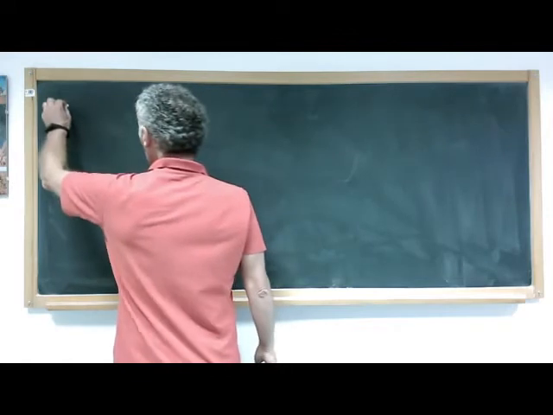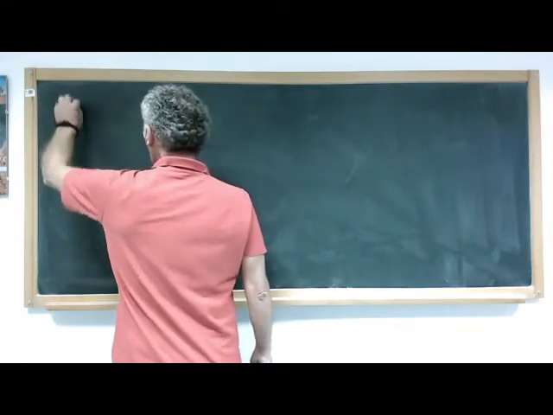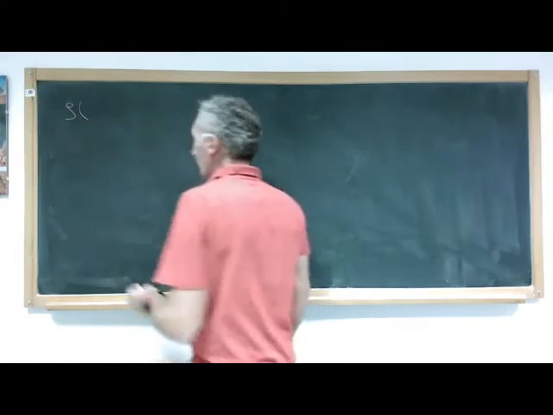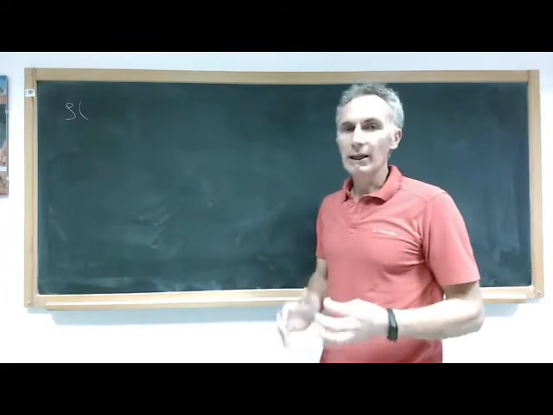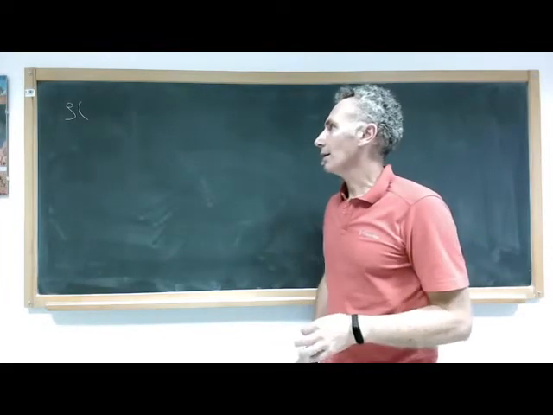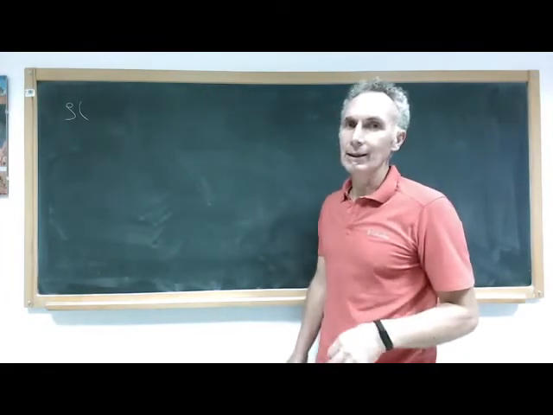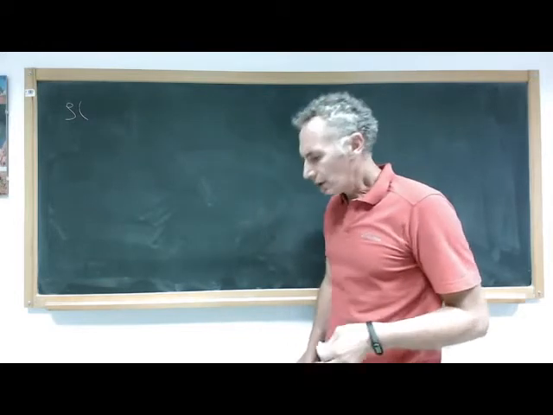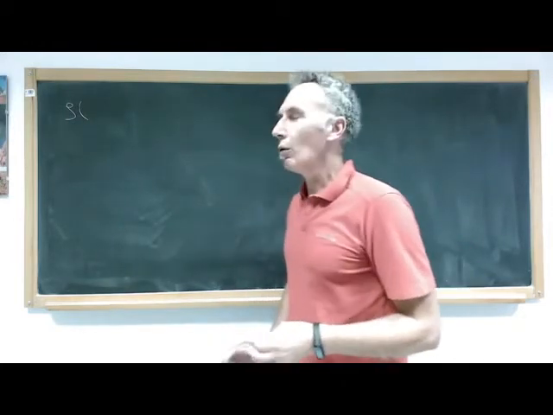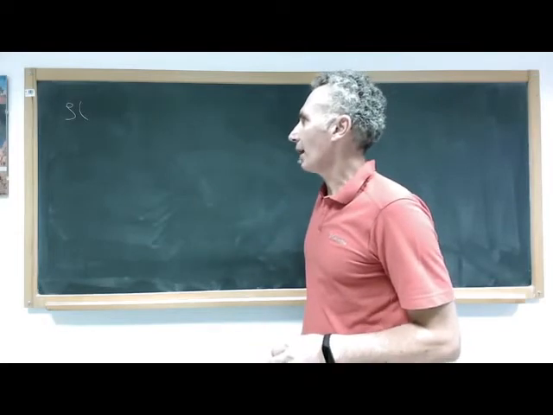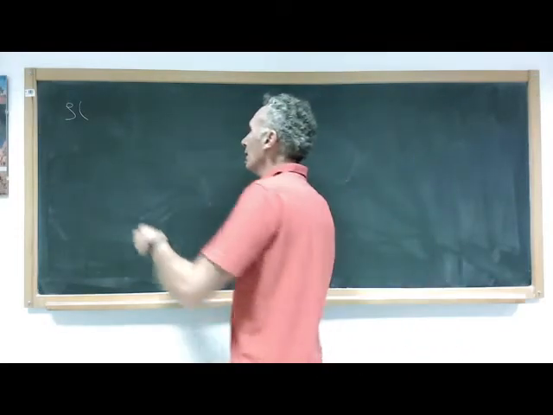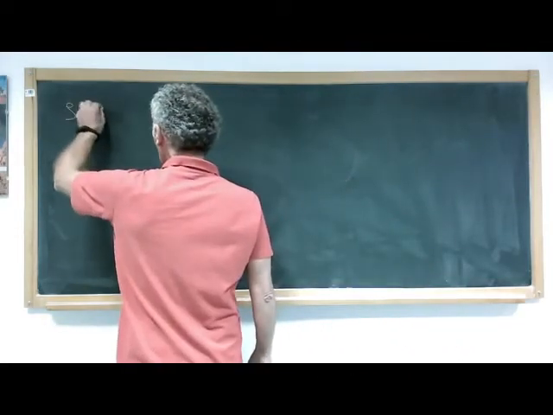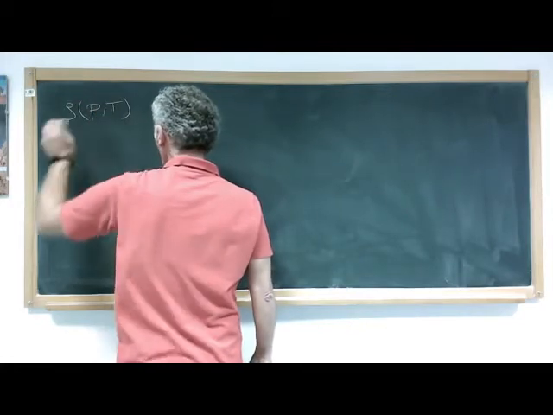seen last time that the density of a fluid is a function of its position in space and time. However, density depends also on some other properties like pressure and temperature.